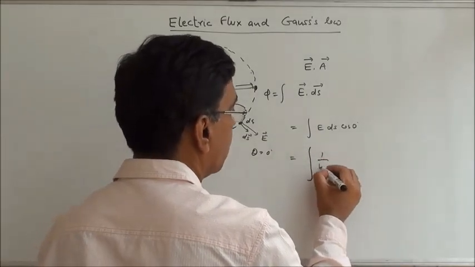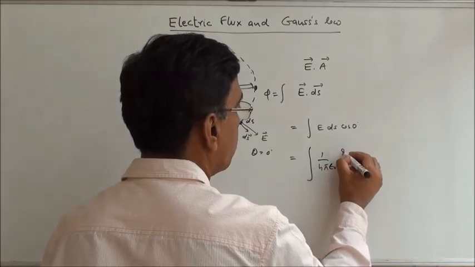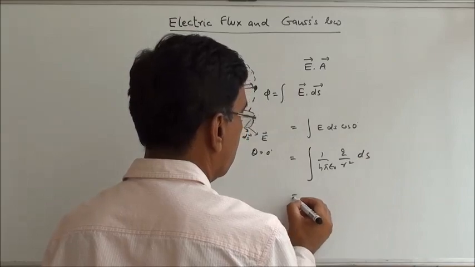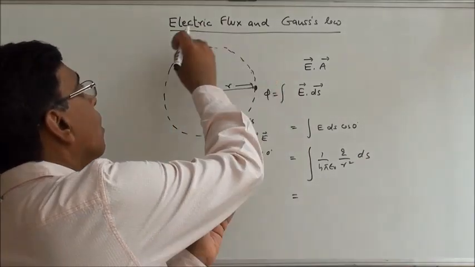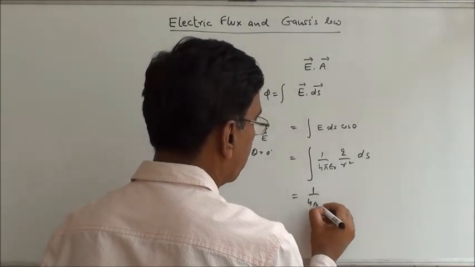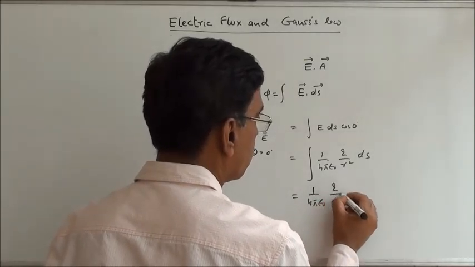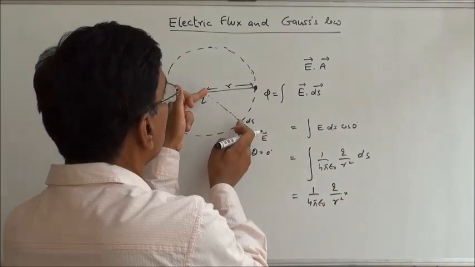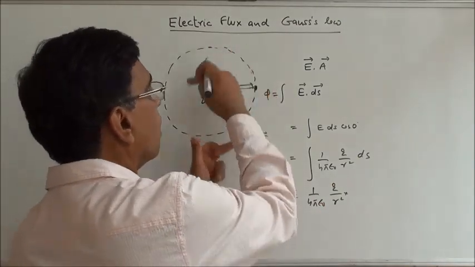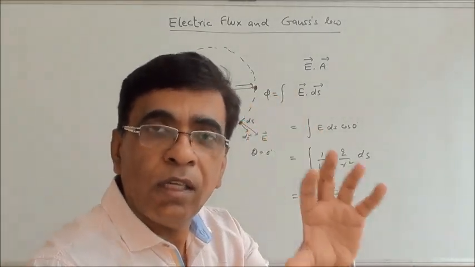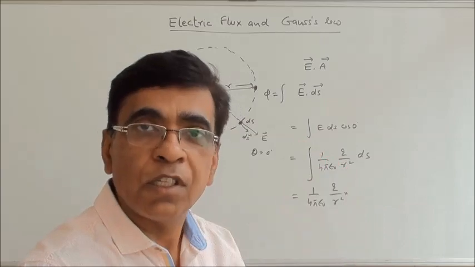What is the value of the electric field here? It is 1 by 4 pi epsilon naught, q upon r square, and ds. Now, if I integrate it, 1 by 4 pi epsilon naught is constant, q is also constant, and even r square is constant, because r is the radius. For different ds, r is the same, because every part on that sphere is at the same distance from the center.